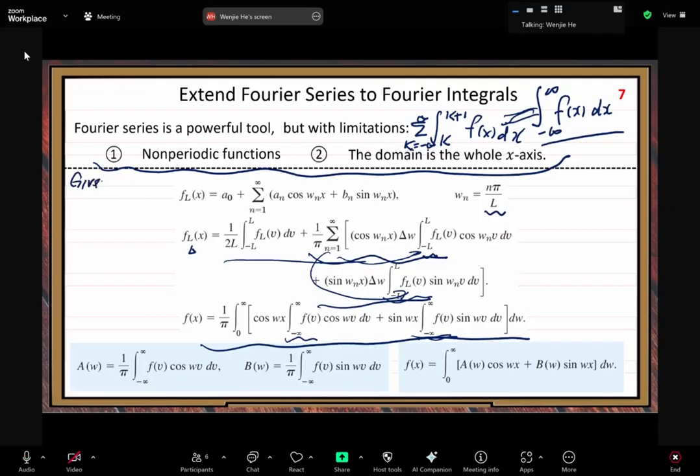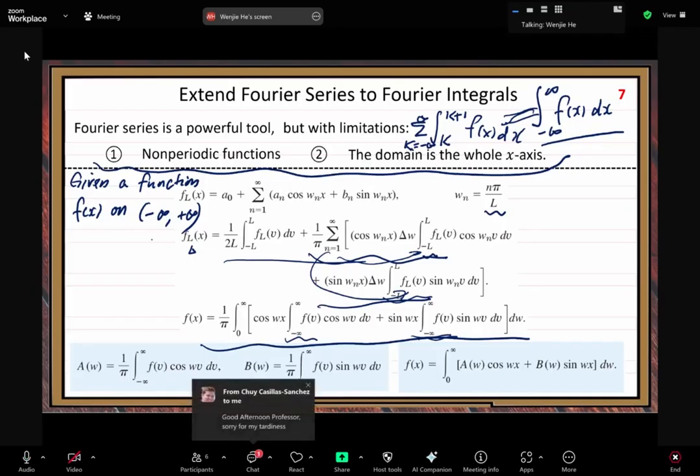Given a function f of x defined on the whole real axis from negative infinity to positive infinity, we want to represent this function using some way similar to the Fourier series expansion.